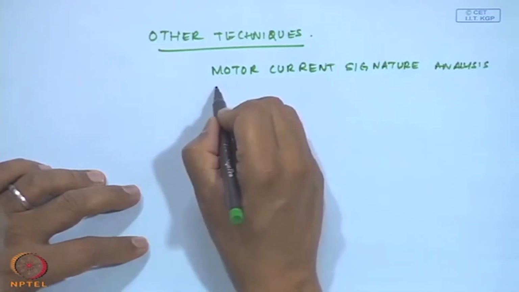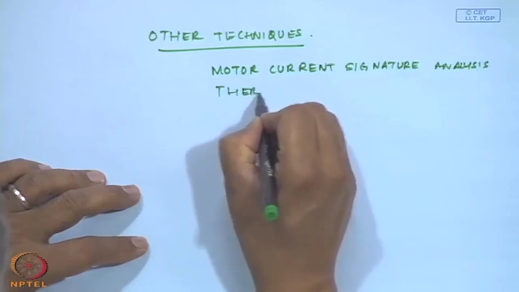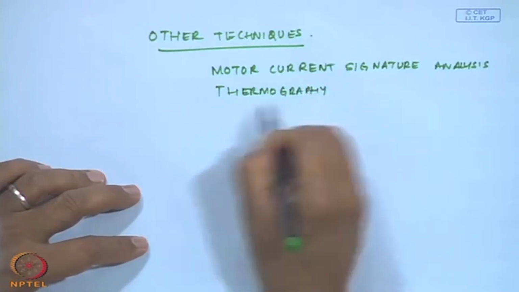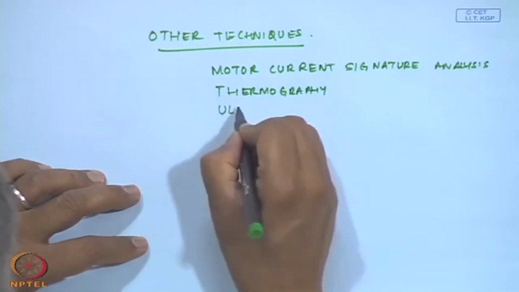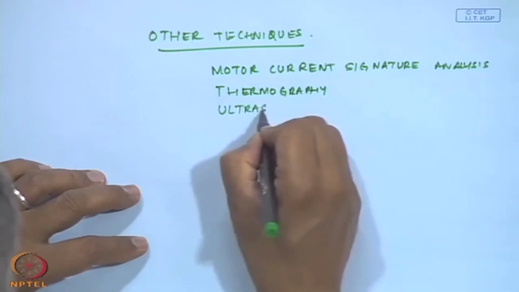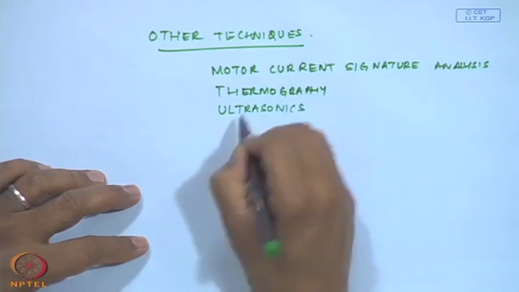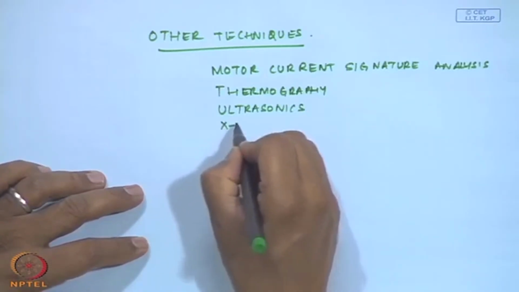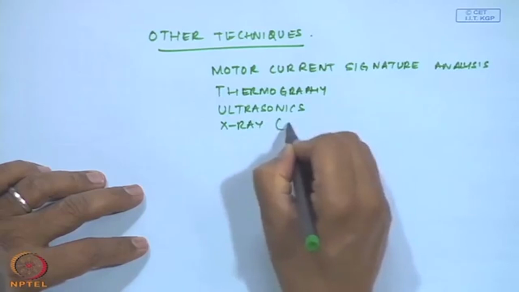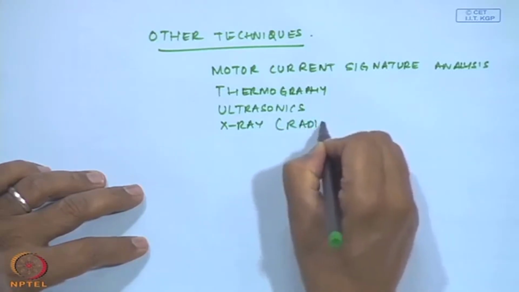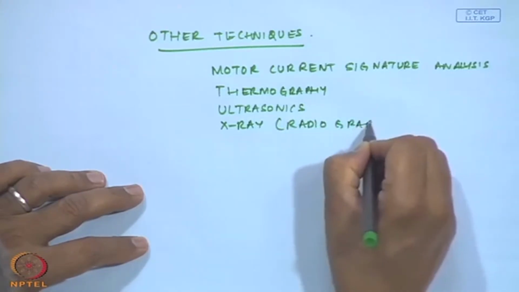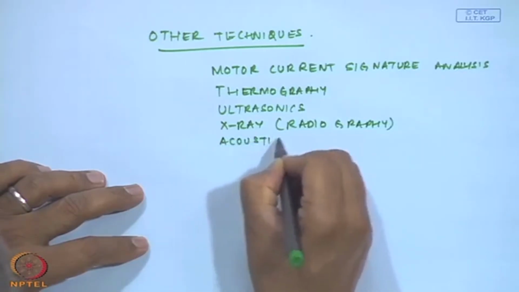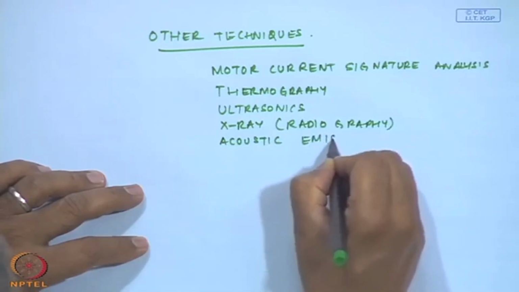Then we have thermography. Then we have ultrasonics. Some of them are the non-destructive test techniques like X-ray or radiography, acoustic emission.